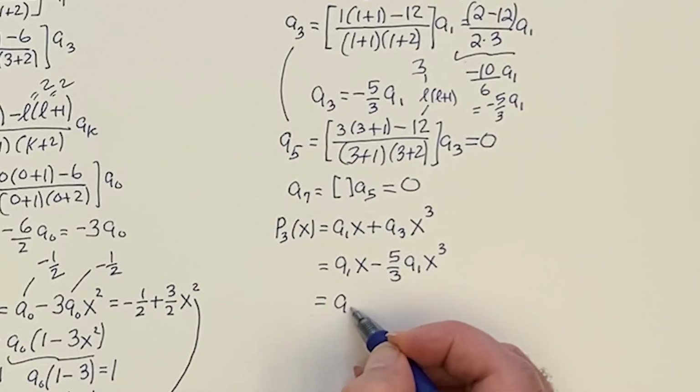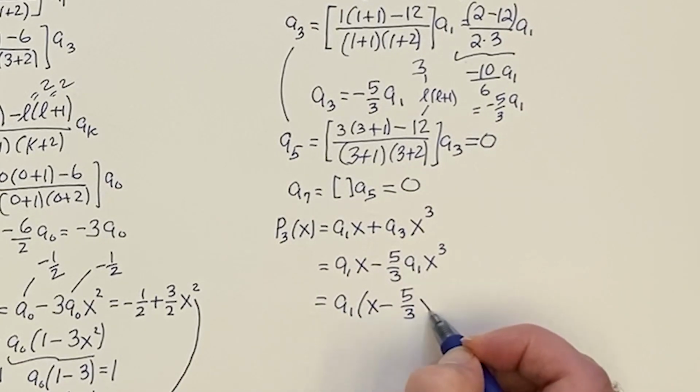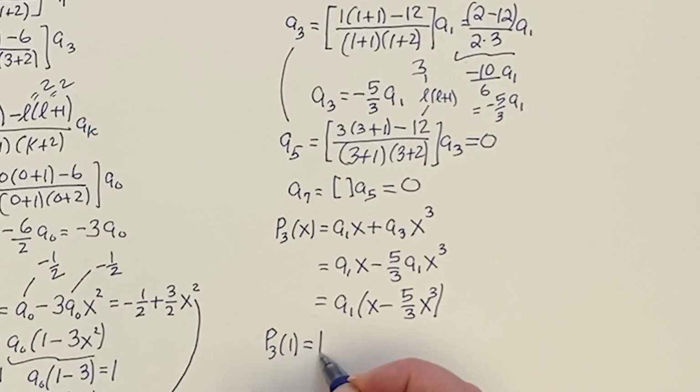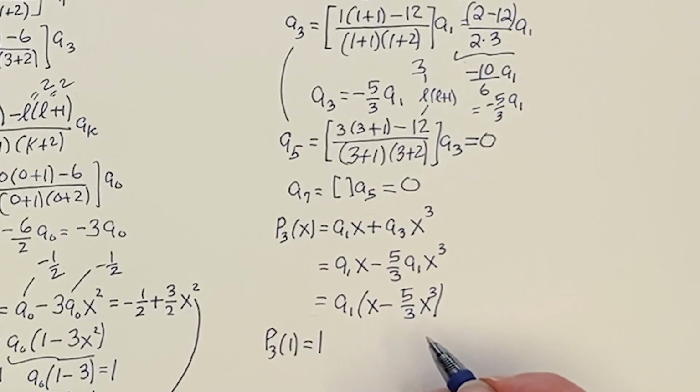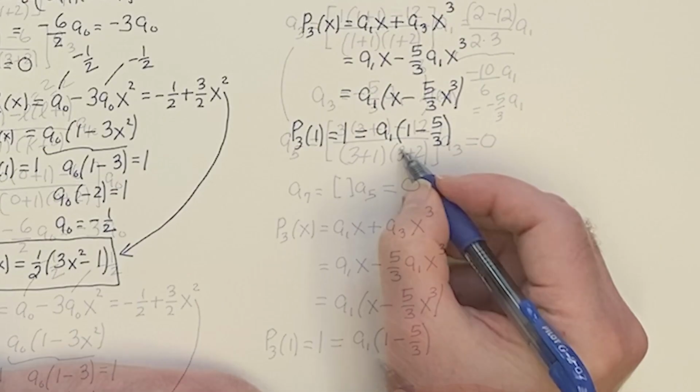So this is going to be A1 x minus 5/3 x cubed. So now when we put in 1 for the x, and we want to get 1, that means that here in this case we have A1 times 1 minus 5/3. That has to be 1.